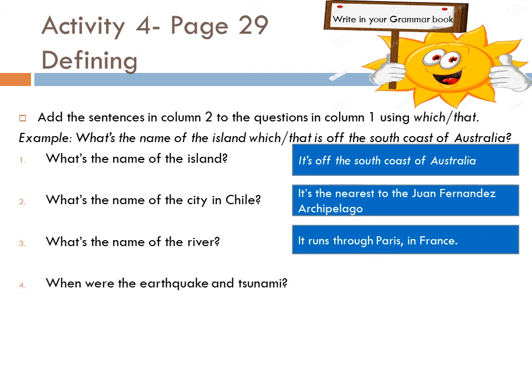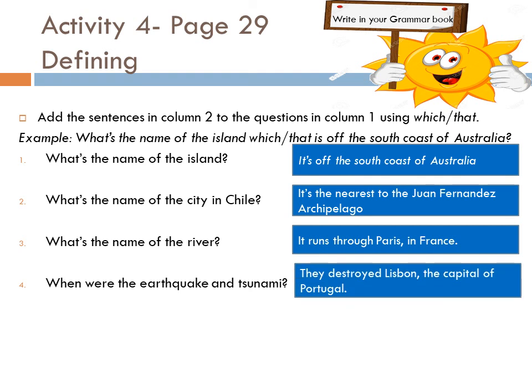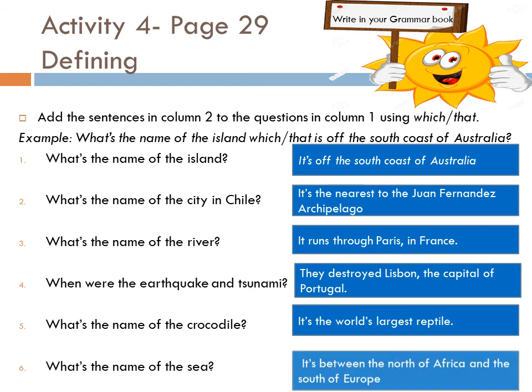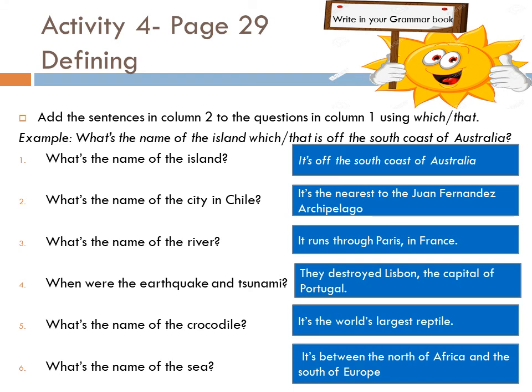Number 4. When were the earthquake and tsunami? They destroyed Lisbon, the capital of Portugal. Number 5. What's the name of the crocodile? It's the world's largest reptile. Number 6. What's the name of the sea? It's between the north of Africa and south of Europe.